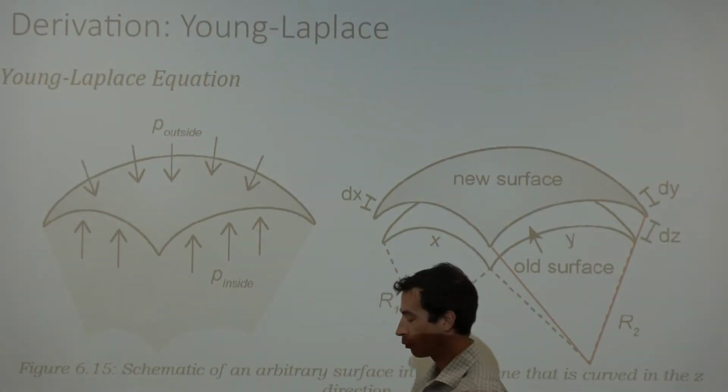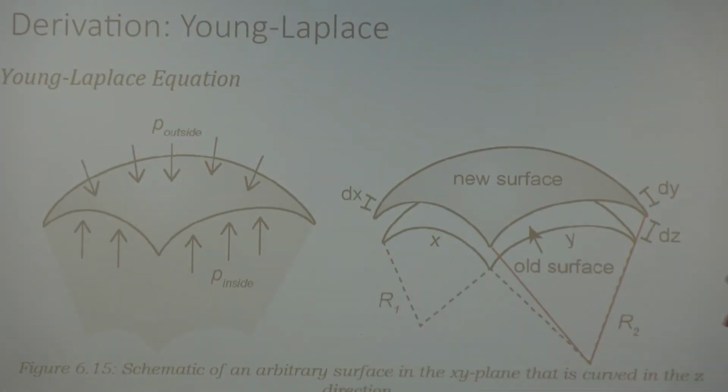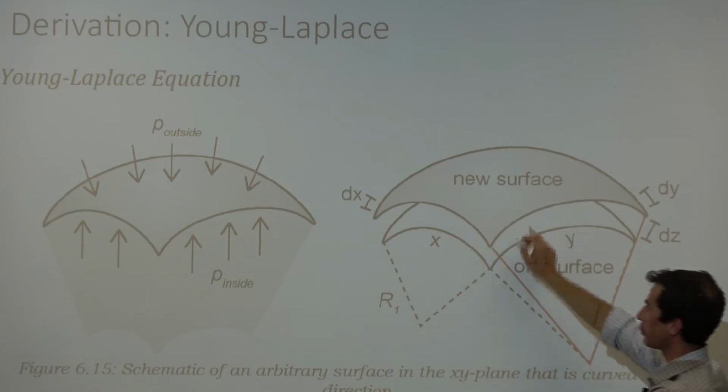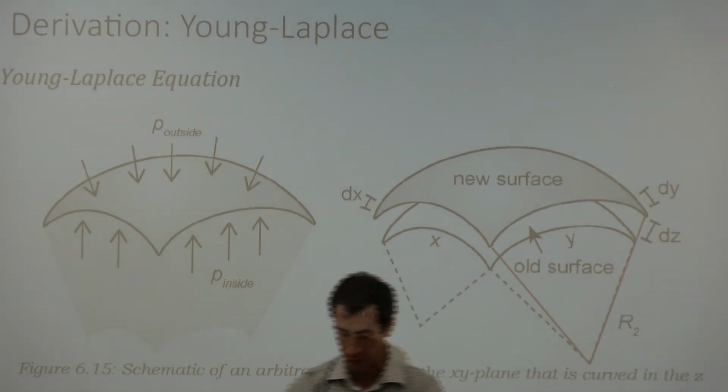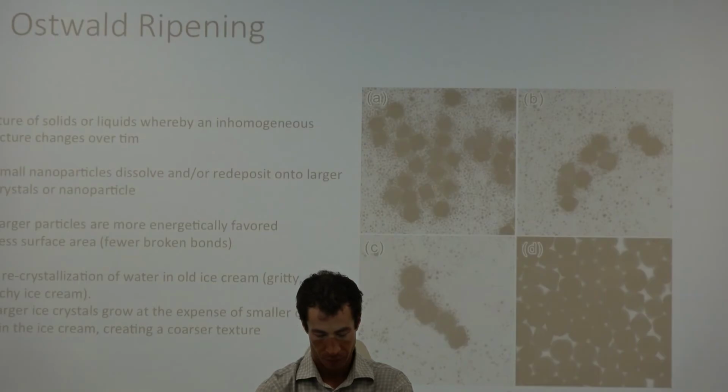What we're going to talk about is the Young-Laplace equation, where we have these differences between an old surface and a new surface. And there's pressure inside and pressure outside, okay? And how these stabilize.